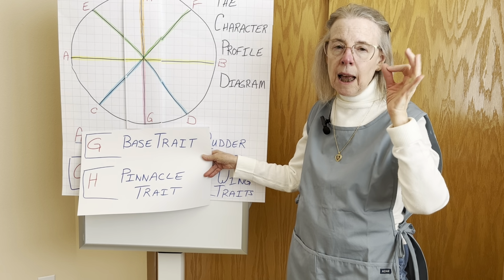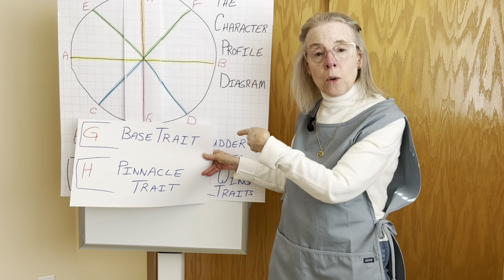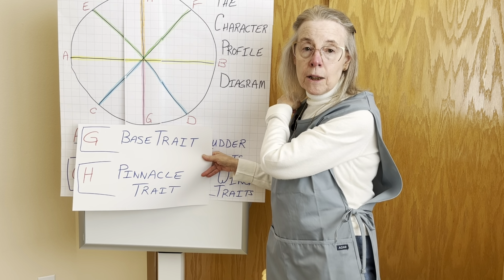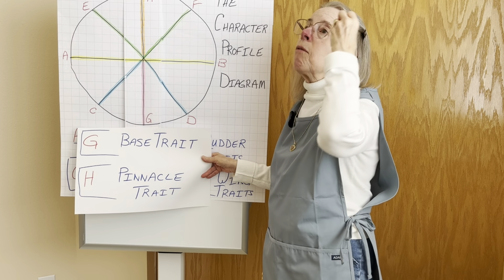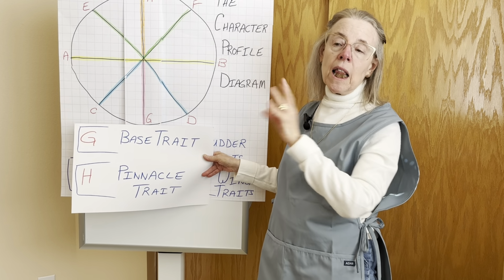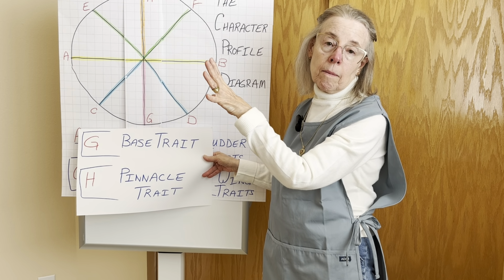That is their most solid base. When you see a character crumble on their base trait, then you have watched a character fall apart completely, and the very last stage of his falling apart will be for the base trait to crumble.